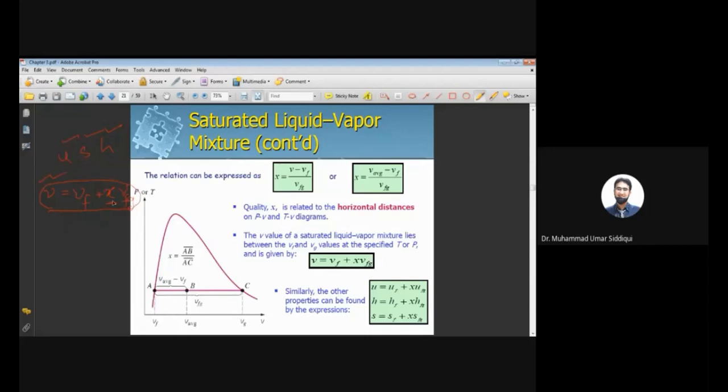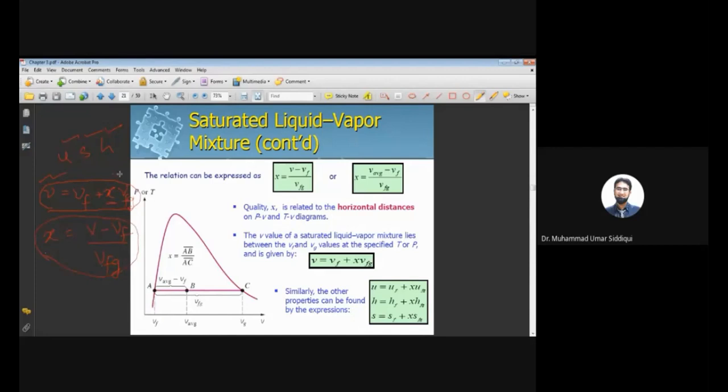Suppose you want to find x. Then x will be (v minus vf) divided by vfg. This will be the quality x.